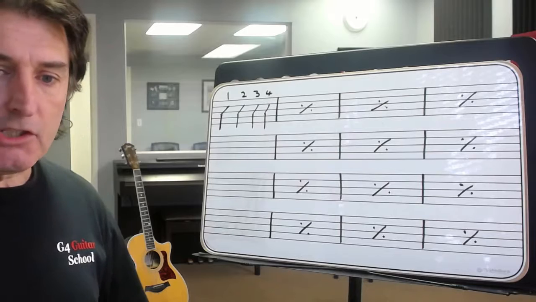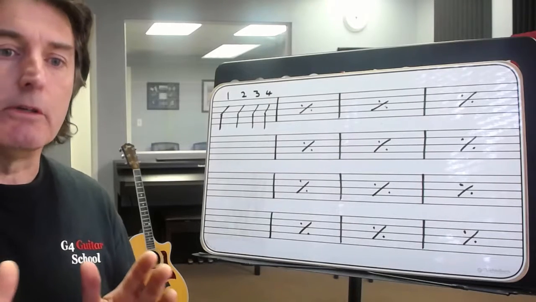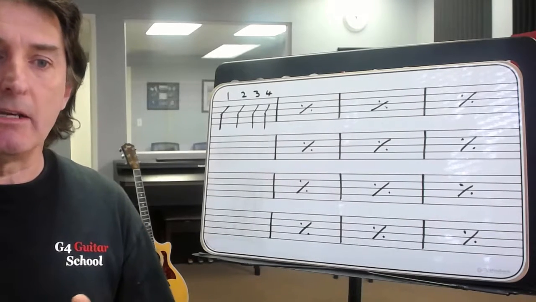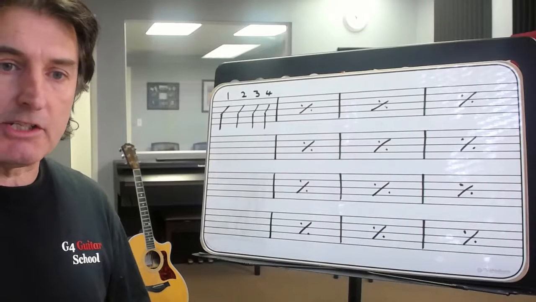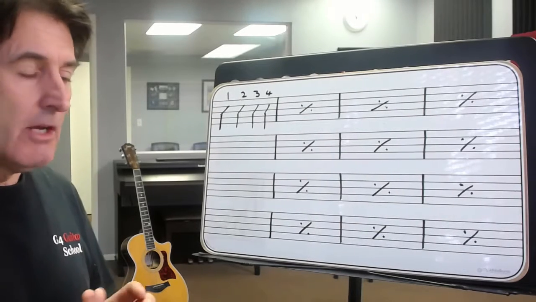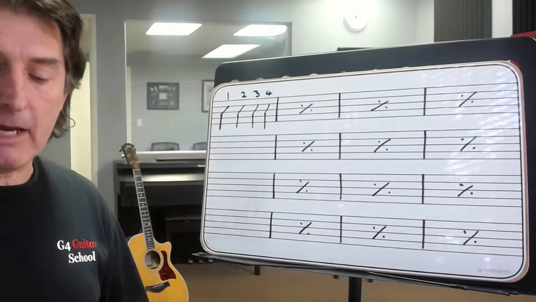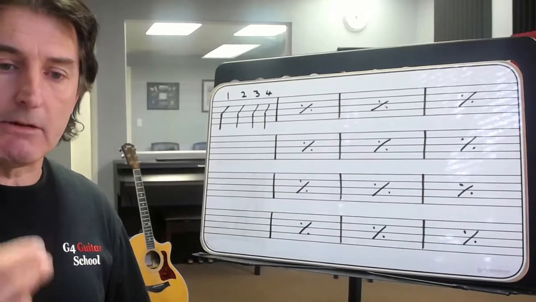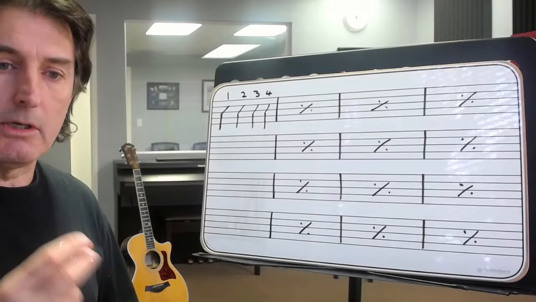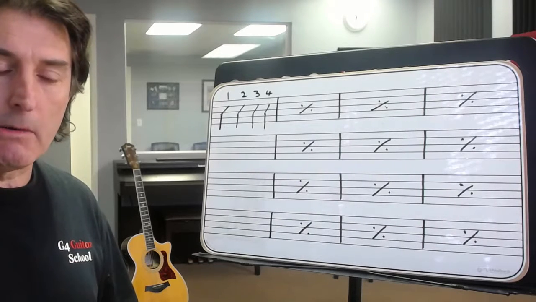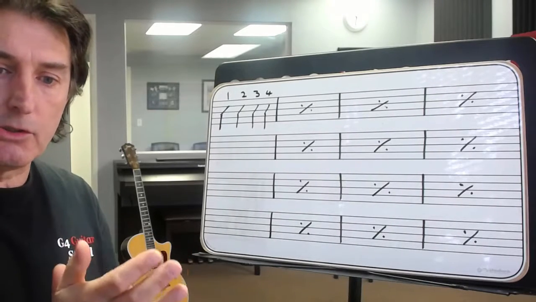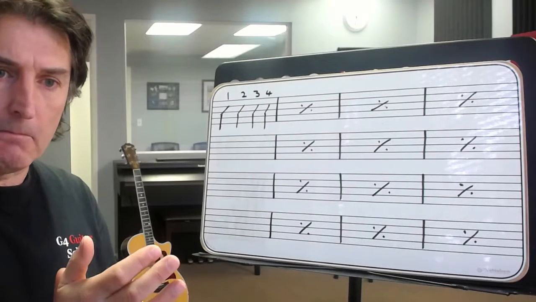I'm going to clap this for you so you can see what happens, and then we can translate that to our guitar in the lessons. Bar number 1 is going to sound like this. If we had the metronome counting 1, 2, 3, 4, we would then clap 1, 2, 3, 4.